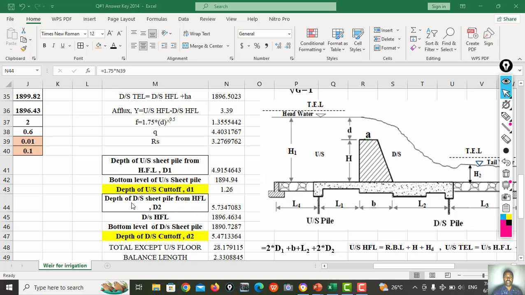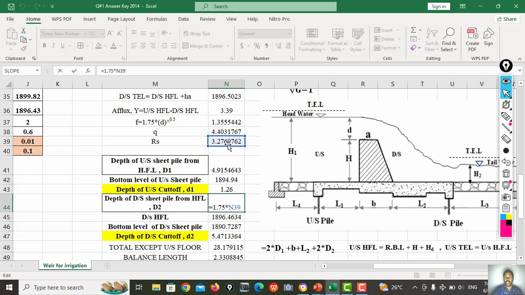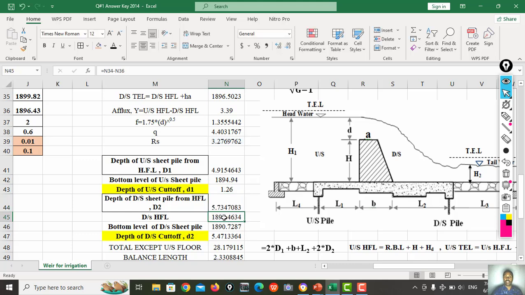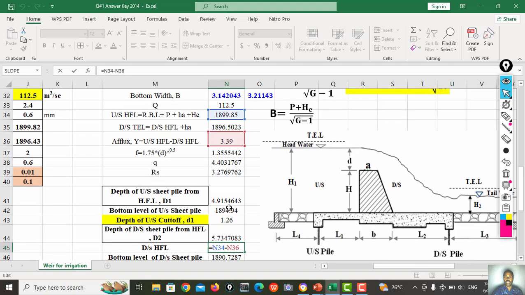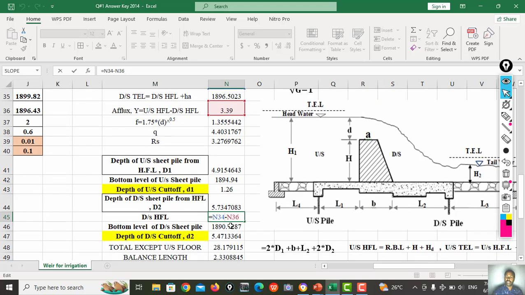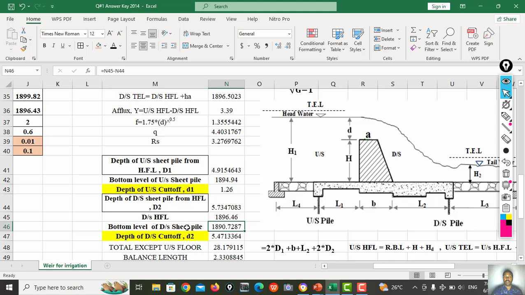1.26, and the depth of the downstream sheet pile from HFL will be 1.75 times the scour depth for downstream. Then downstream HFL, you have afflux, so you just subtract afflux: upstream HFL minus afflux. You can get the downstream HFL, already given.